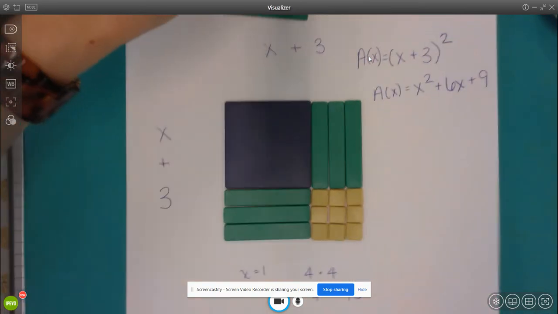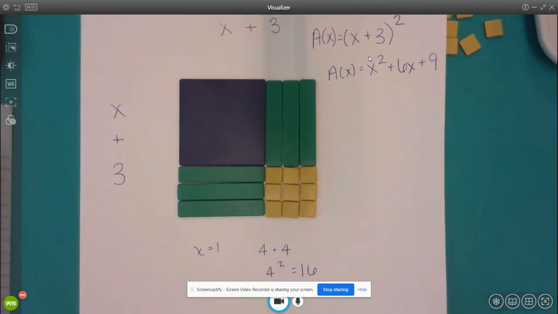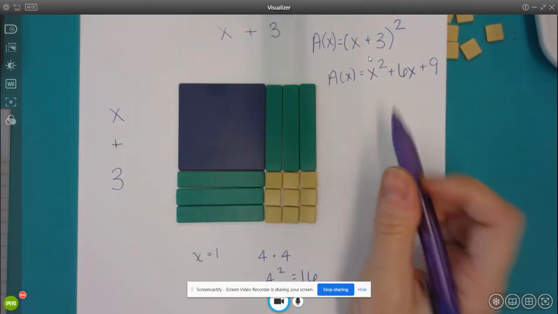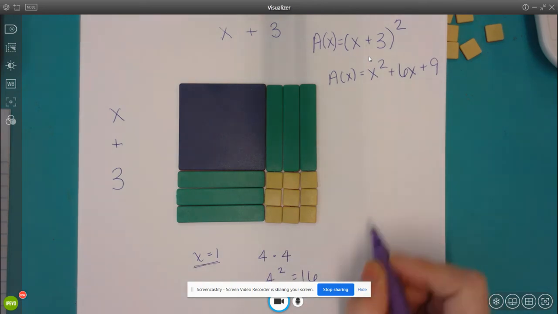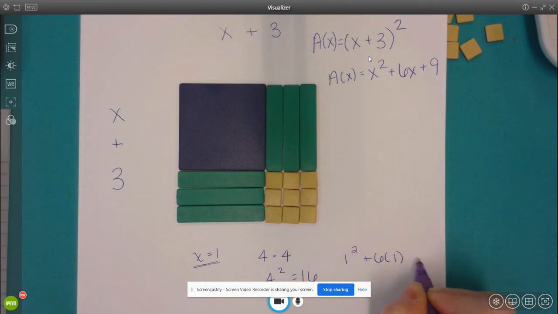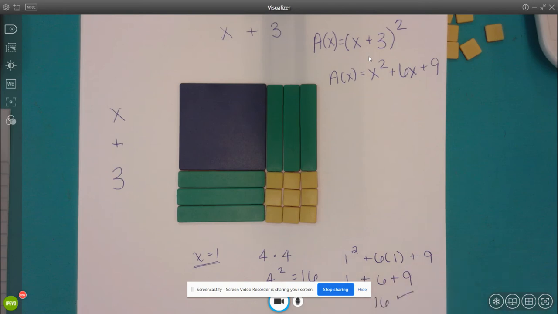Then if I substitute that in here, remember I'm substituting in x equals 1, I would have 1 squared plus 6 times 1 plus 9. So I would have 1 plus 6 plus 9, which does also give me 16.